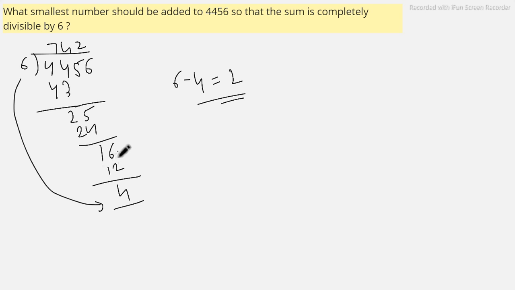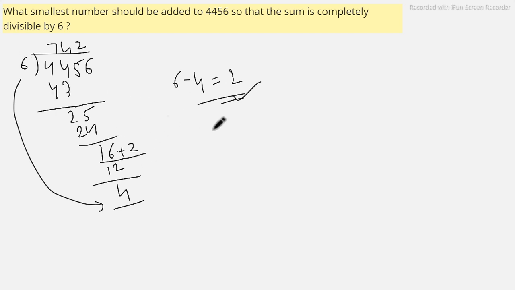If it had been plus 2, that is 18, then it would have been completely divisible by 6, but it is only 16 here. So we need to add an extra 2 so that this number would be completely divisible by 6. That is why our answer will be 2.